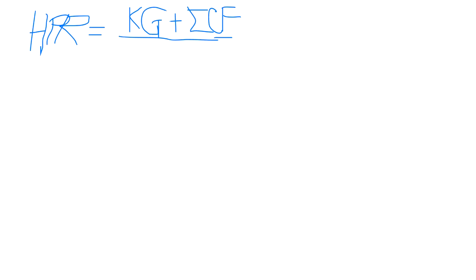And divided by the price at time t minus n, or price at time 0. So what that means is, suppose we are at time t now, at the end of time t.